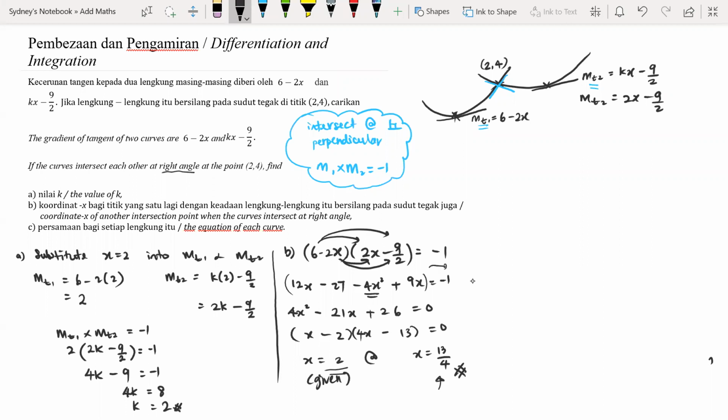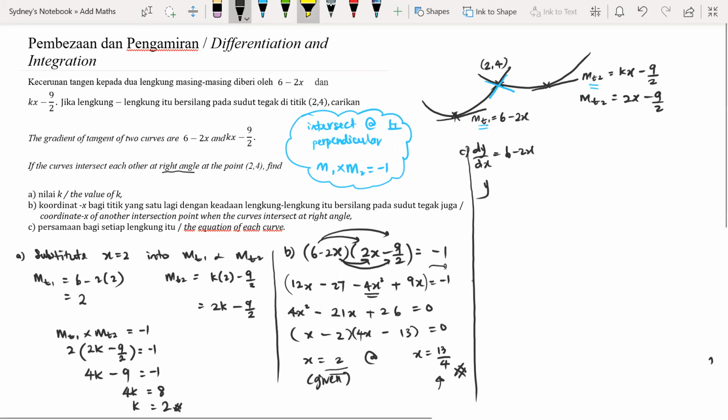Now next, part C. We need to find the equation of each curve. For MT1, the gradient of tangent is basically dy by dx, so dy by dx equals 6 minus 2x. This is for the first curve. To find y, we need to move the differentiation across to the other side of our equation.